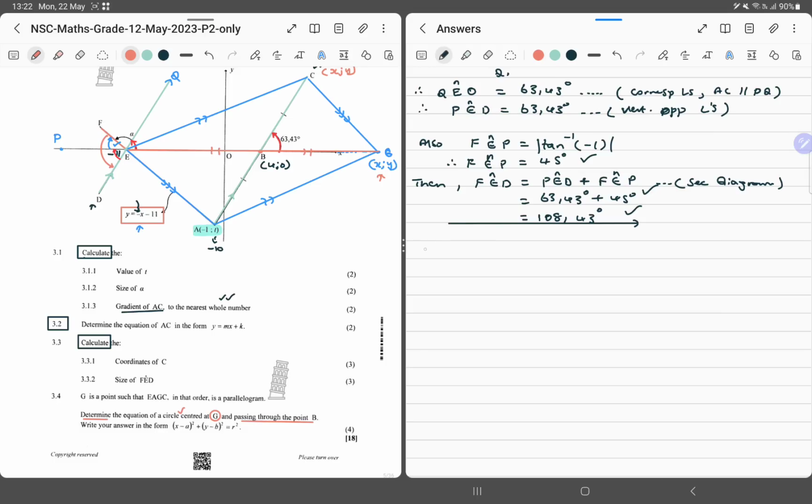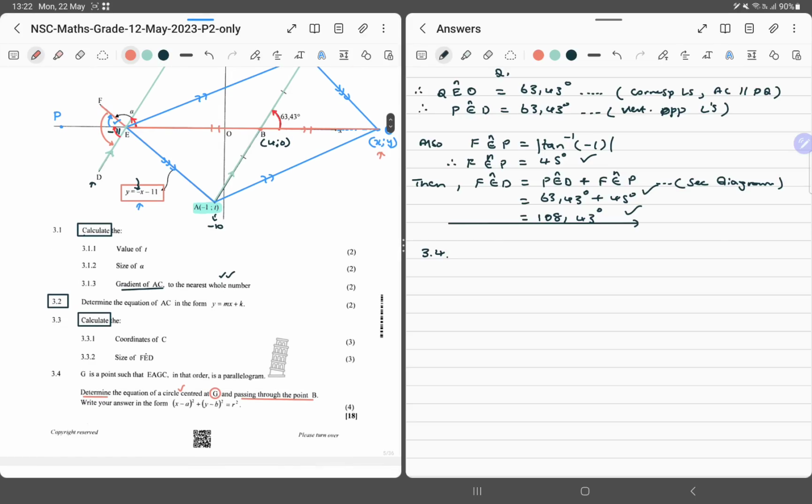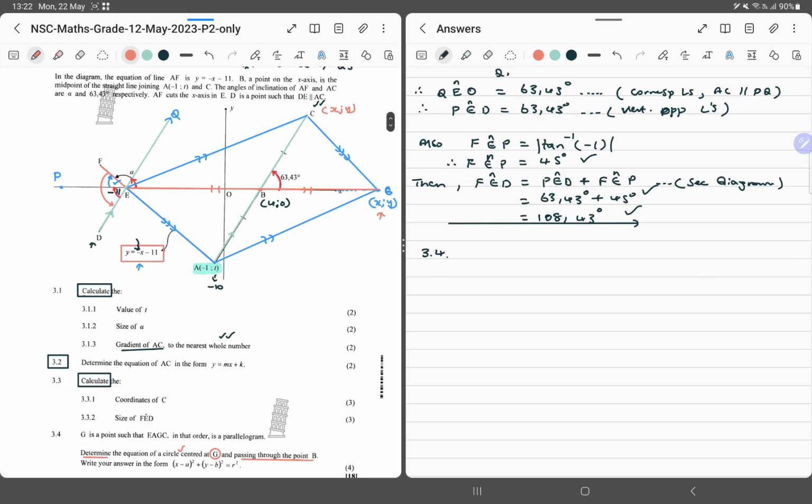So we've got 3.4. Now we're told here, basically we need the center, right? Which means the coordinates of B. So all we can say here is that, or maybe let's start here and say, B is the midpoint of EG.